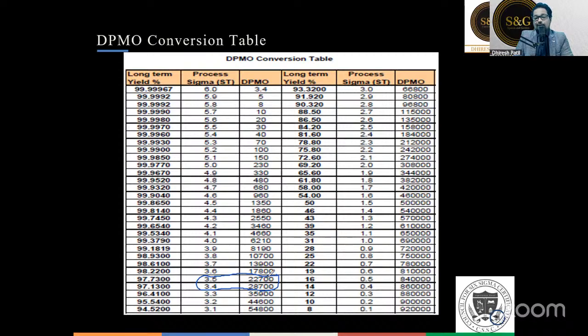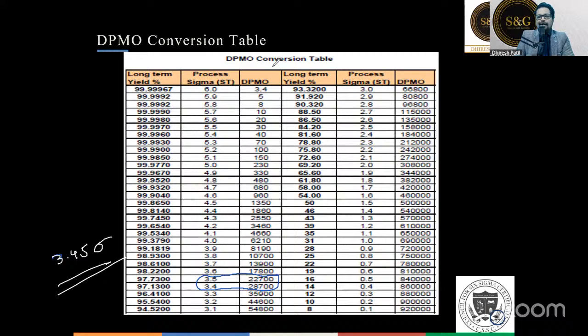So it is between 22,700 and 28,700, right? So it is exactly in between. So must be around 3.45. So this is a 3.45 sigma process. Okay. So this way you can calculate your process capability analysis. All right.